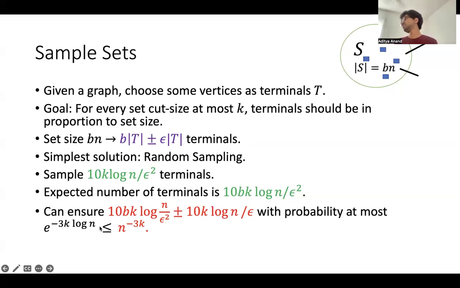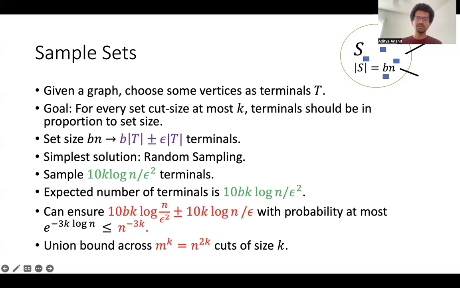This is just from a simple application of Chernoff, because the concentration generally depends on the mean, and the mean here is roughly around k log n. So that gives the probability of violating this condition as something like n to the minus 3k. But the number of cuts of size k is at most n to the 2k. So applying a union bound, we get that these many terminals are sufficient.